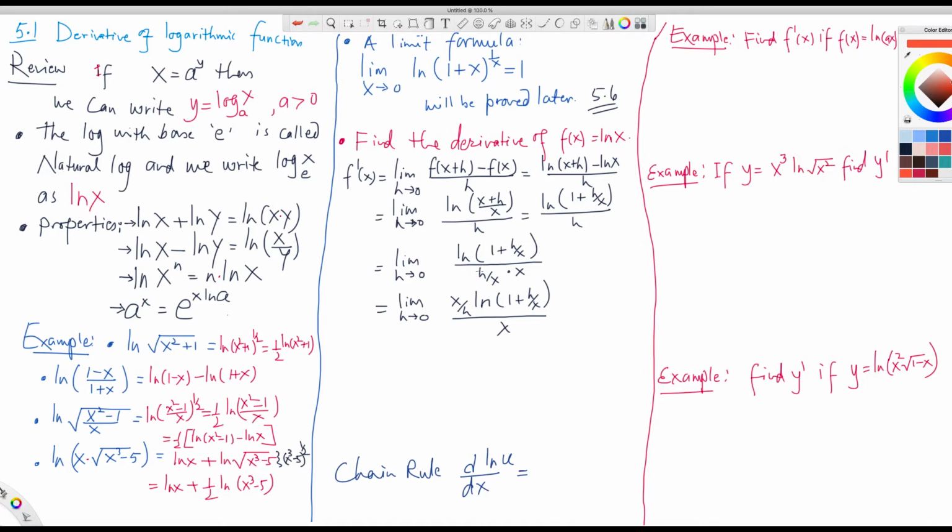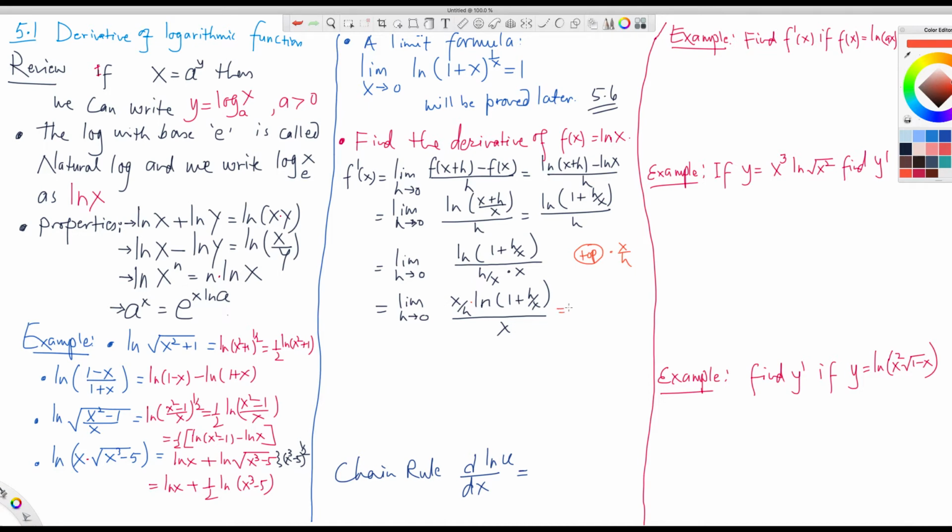So this x over h over x can be written as the top thing times x over h, because this is a fraction of fractions, right? There is a numerator and this is the denominator. If the denominator has a fraction, and you want to write that in product form, you write the top times the reciprocal of the bottom. The top times the reciprocal of the bottom is x over h. That's what that x over h is that I wrote in the front. And the log of 1 plus h over x is as it is there.